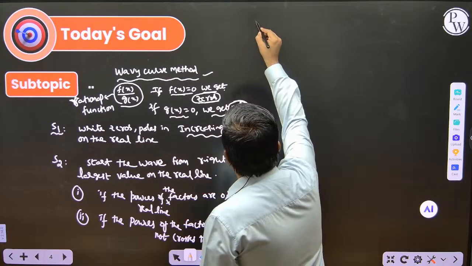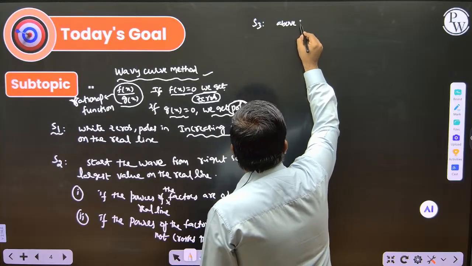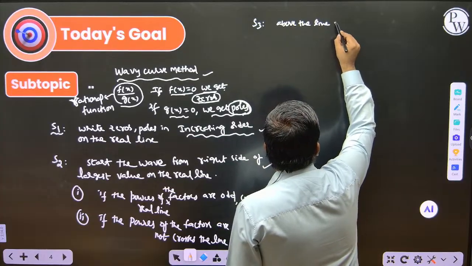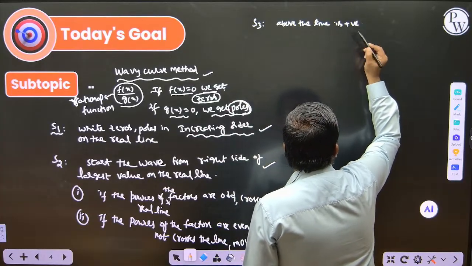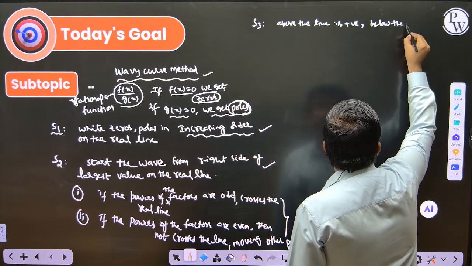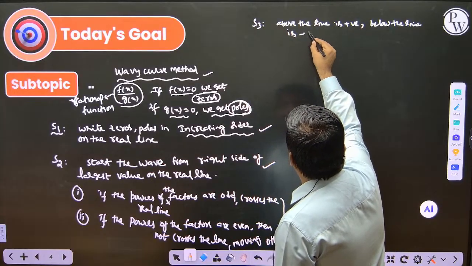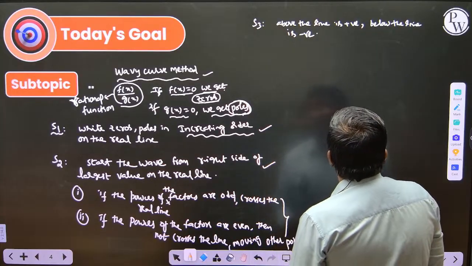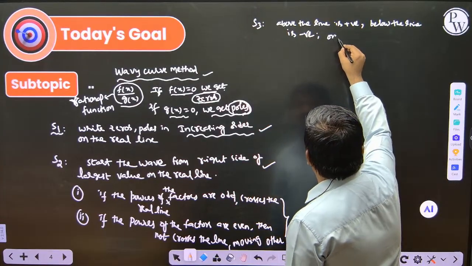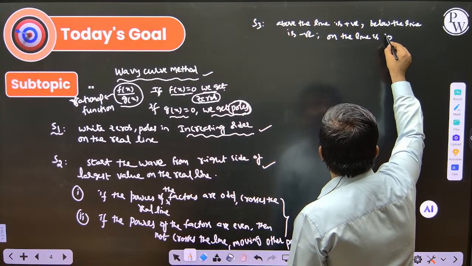Next, what is step number 3? Above the line is positive. Below the line is negative. On the line is what? On the line is 0.